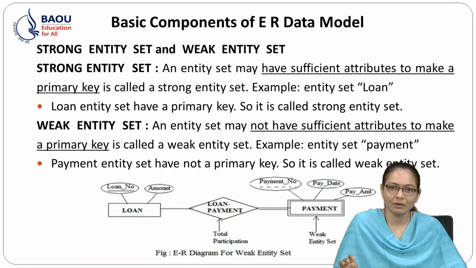Different loans may share the same payment number, thus the payment number is repeated. So we cannot give the primary key to the payment number in the payment entity set.